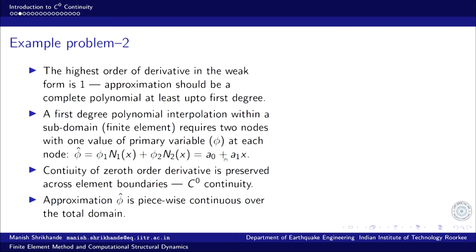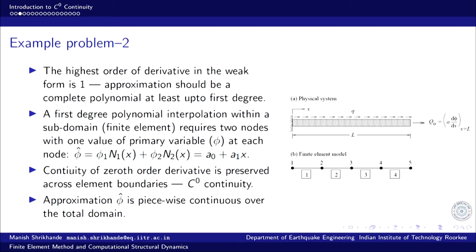So, this is what the generic first degree polynomial expression comes out to be, and this allows us to derive the interpolation functions. We can derive these by finding the unknown coefficients a 0, a 1 based on the interpolation criteria that the function phi hat should yield phi 1 when evaluated at x 1, and phi 2 when evaluated at x 2.